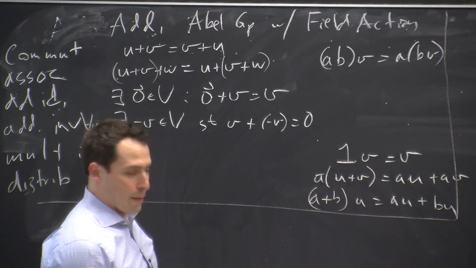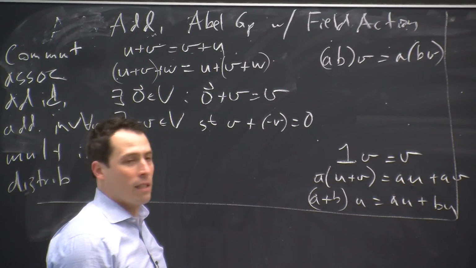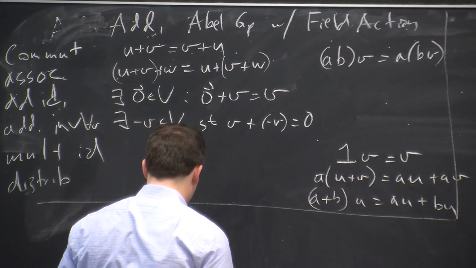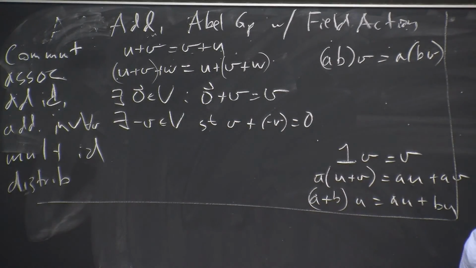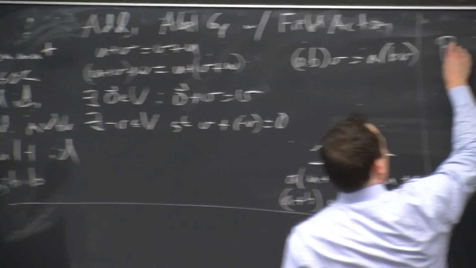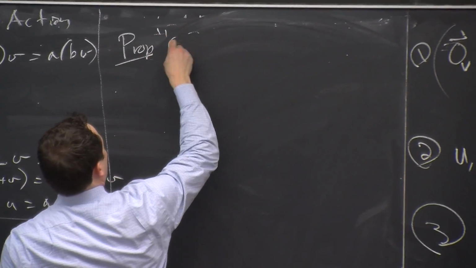And using that definition, we want to prove a couple of simple properties of vector spaces. The first one we could call a cancellation property. So proposition, let's call this cancellation.